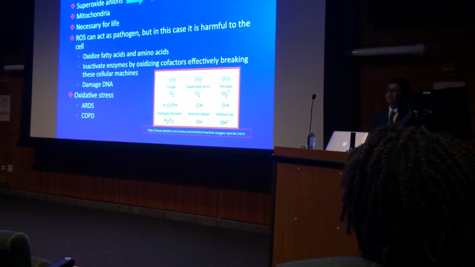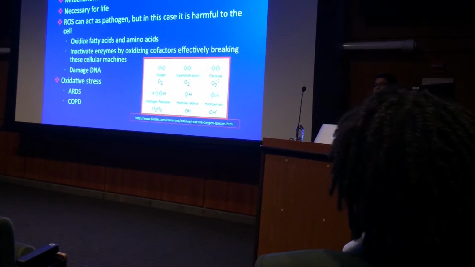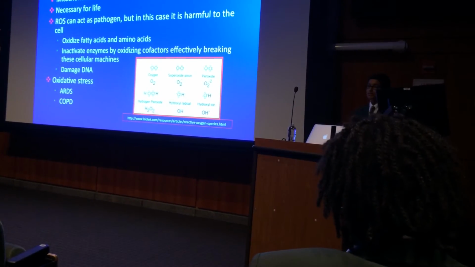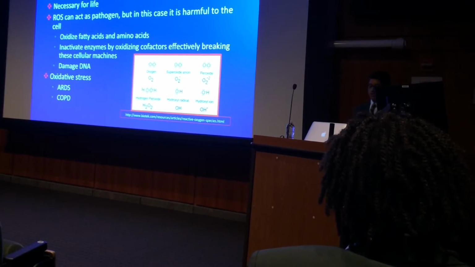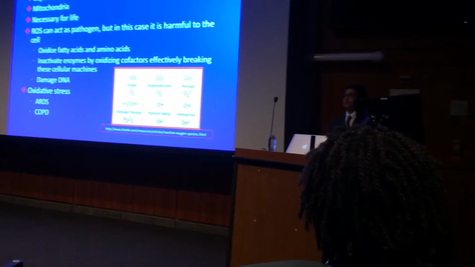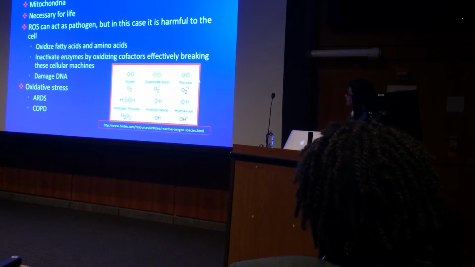Oxidative stress can lead to acute respiratory distress syndrome, also known as ARDS, and chronic obstructive pulmonary disease, also known as COPD. The 3 main situations in which ROS are formed are neutrophils, cells exposed to abnormal conditions, and ionizing radiation. This figure shows everything that makes up reactive oxygen species.